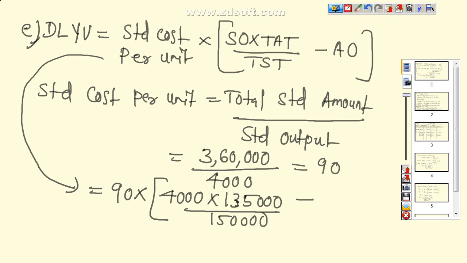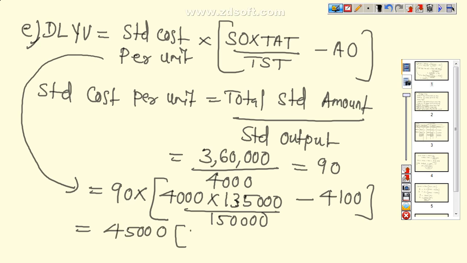So here we write 4100, that is equal to 45,000. If the answer is negative, there we have to write favorable in case of yield variance.